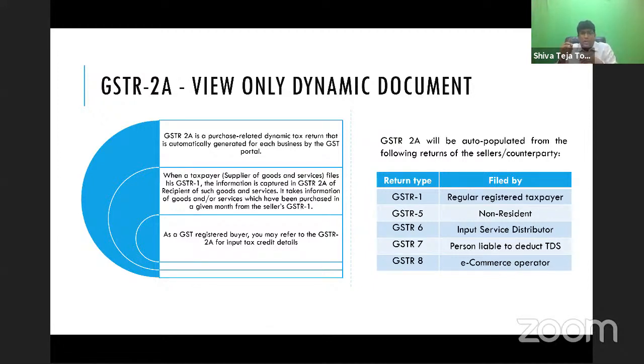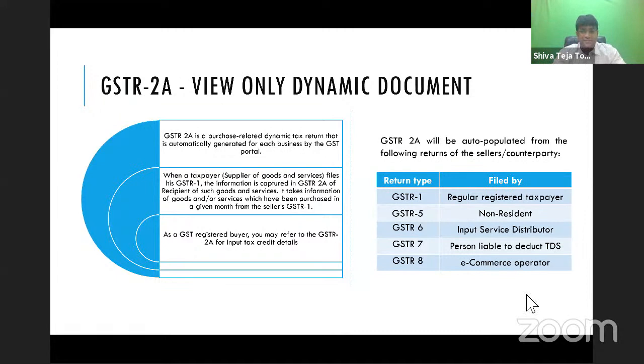TCS will come into picture when there is a supplier who is supplying some goods or services through an e-commerce operator, and the consideration for that goods or service is collected by the e-commerce operator. Classic example, Swiggy, Zomato, Amazon, Flipkart. These are all e-commerce operators who supply goods or services on their platform which belong to some other suppliers.